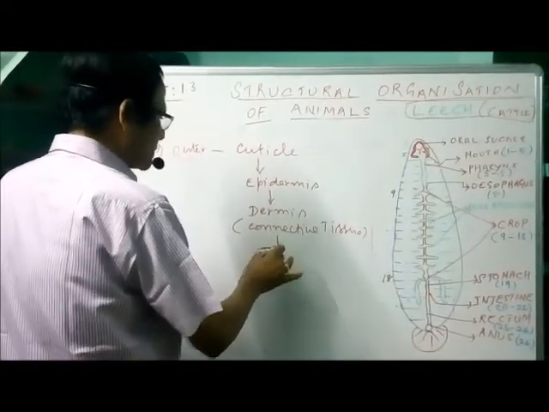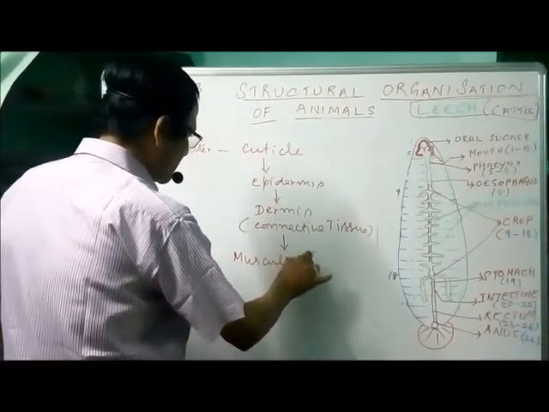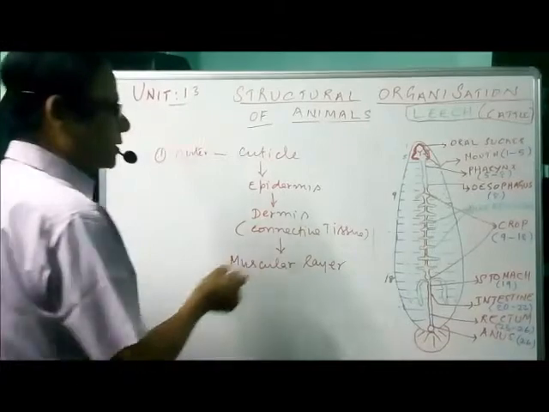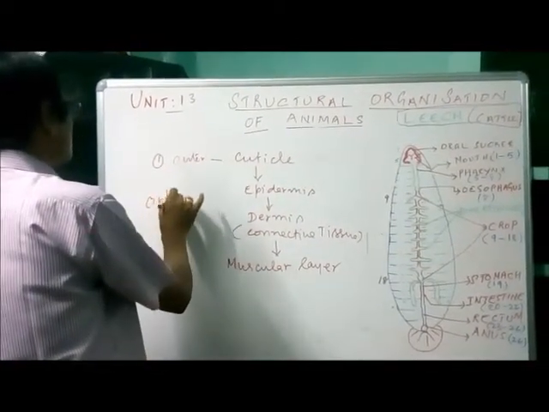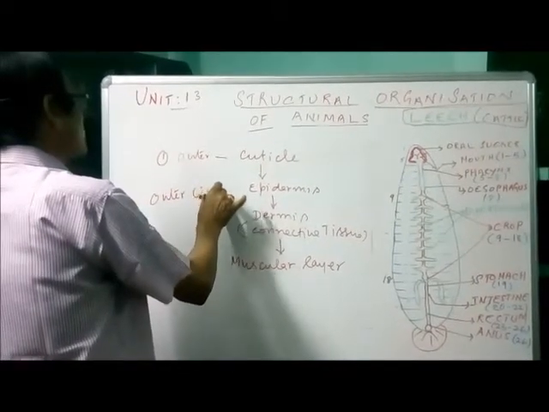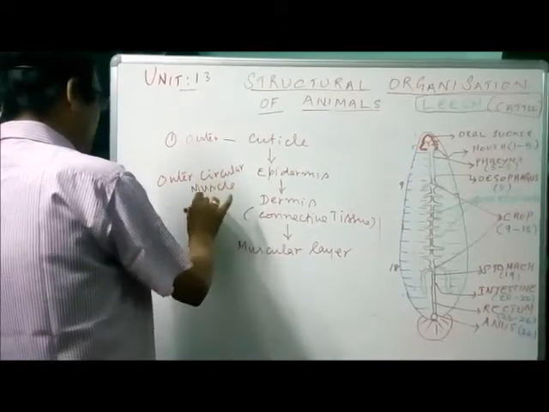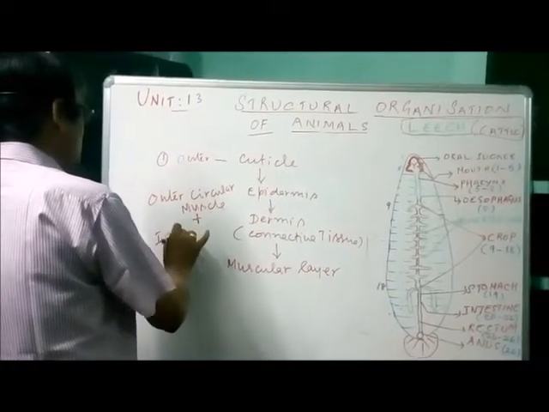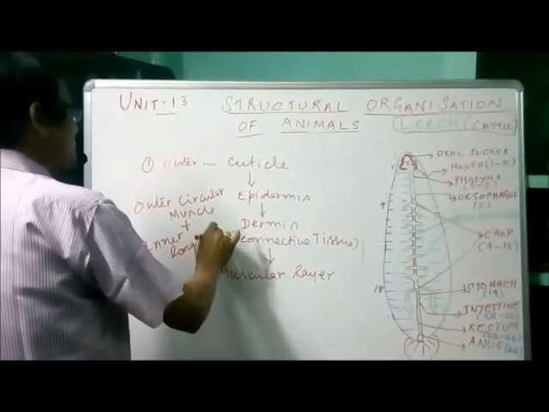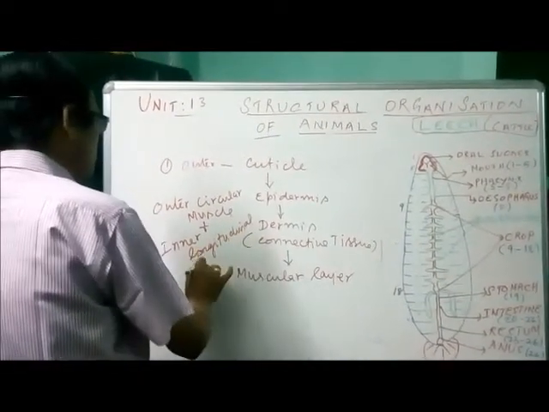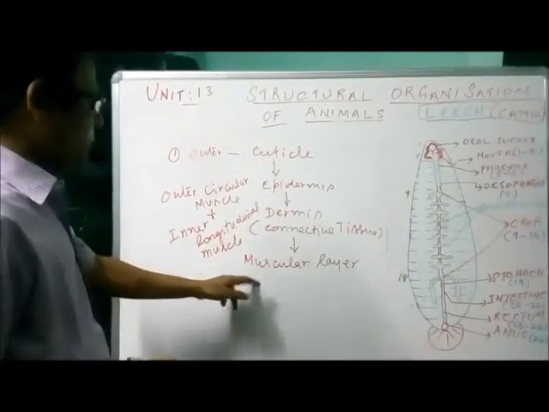Then below the dermis, we have the muscular layer. Now the muscular layer is formed of 2 layers of muscles. Outer circular muscle and inner longitudinal muscle. These are the 2 layers that contribute to the muscular layer.